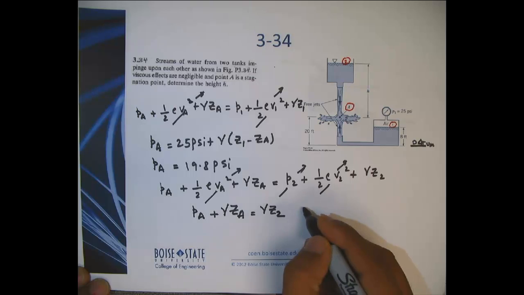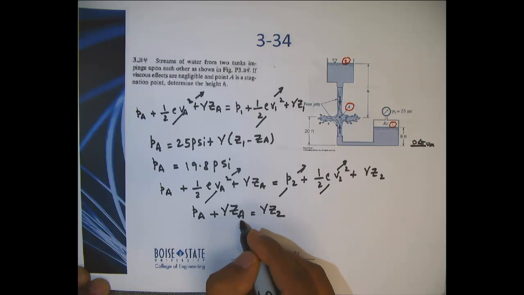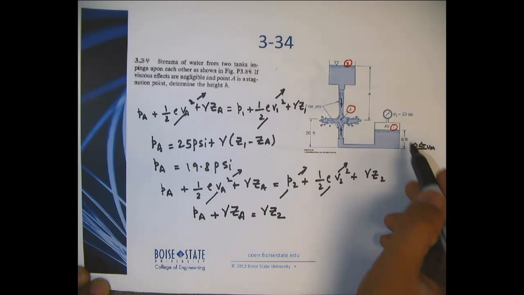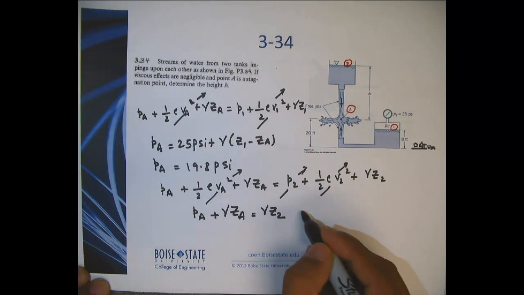So if you simplify this, you'd end up with ZA as 20 feet, but Z2 is 20 plus H if I pick this as datum. So you see how H props up.